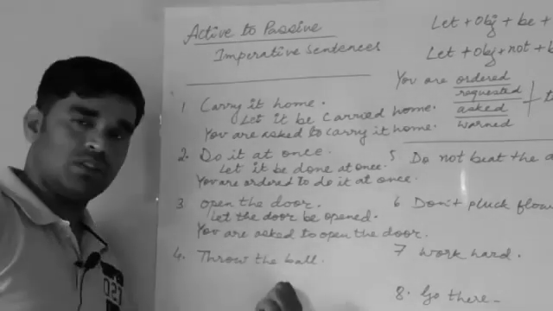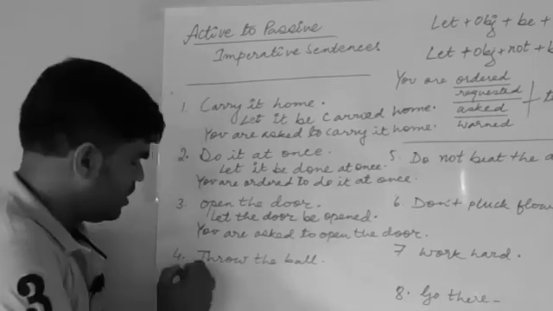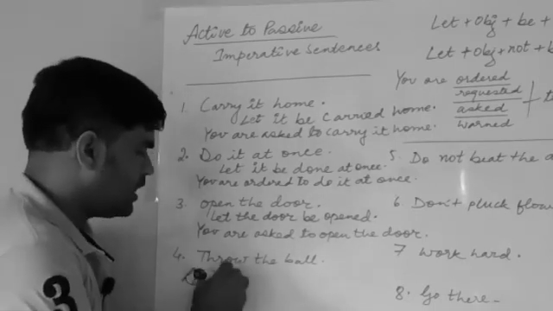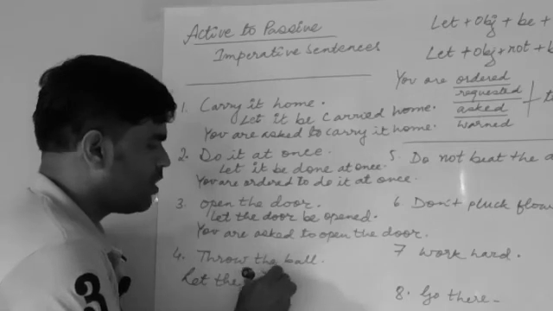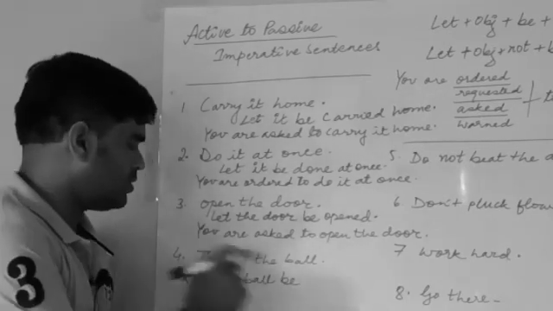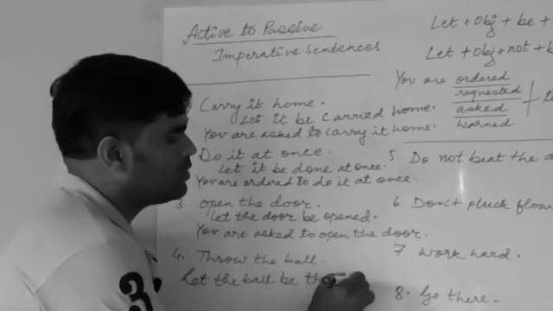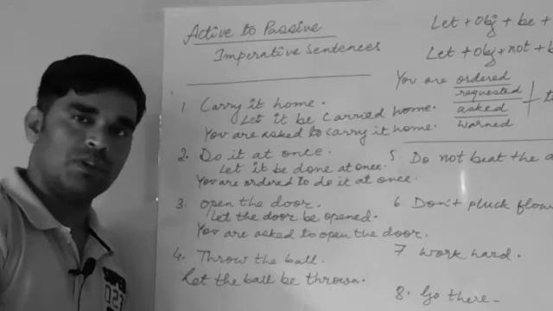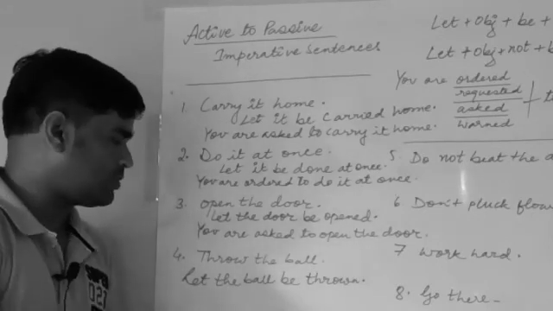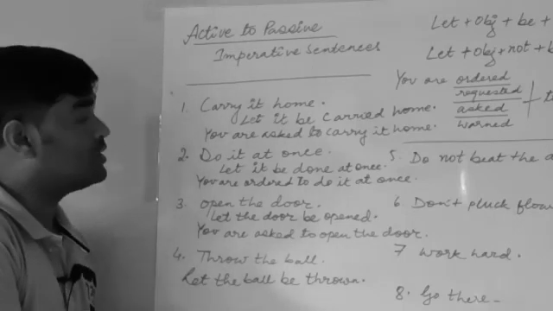Next one, throw the ball. Here the main verb is throw and the object is the ball. So let the ball be thrown. Thrown is the past participle of throw. Let the ball be thrown. That's one way for transformation from active to passive. Throw the ball, let the ball be thrown.